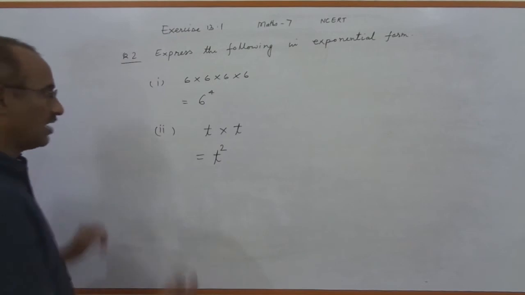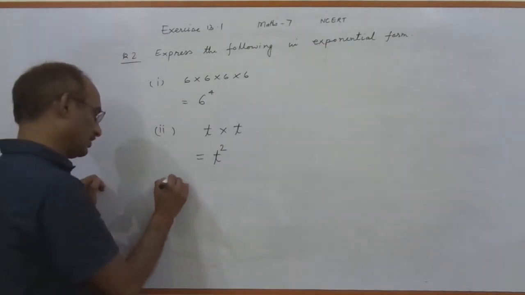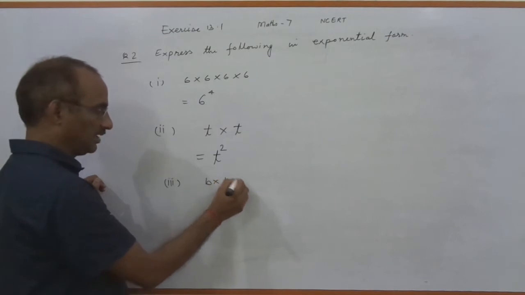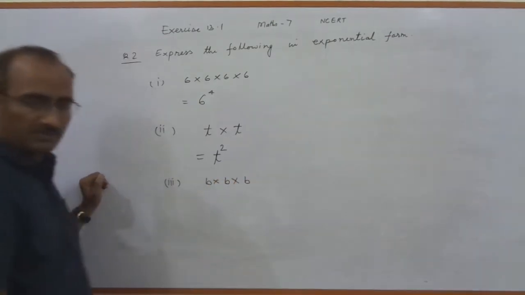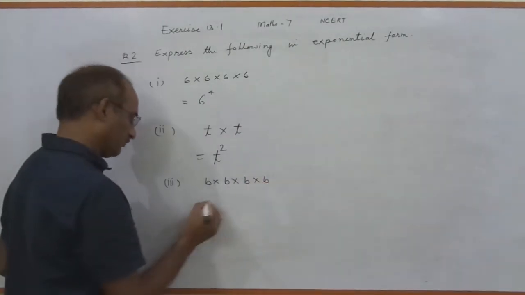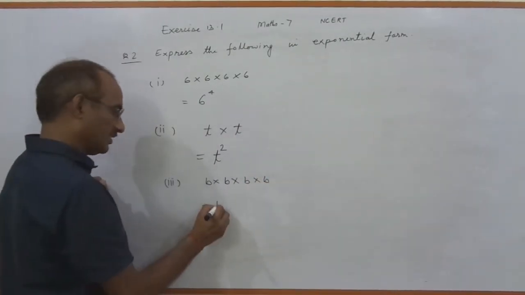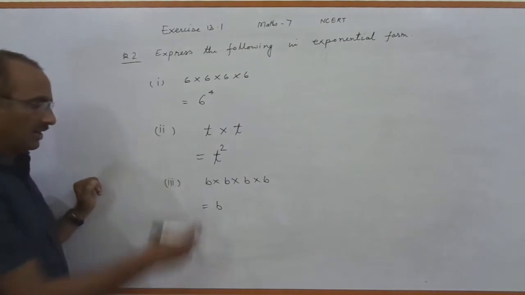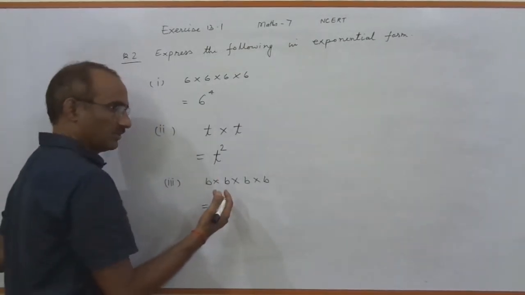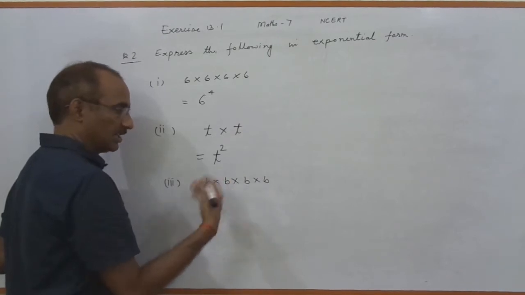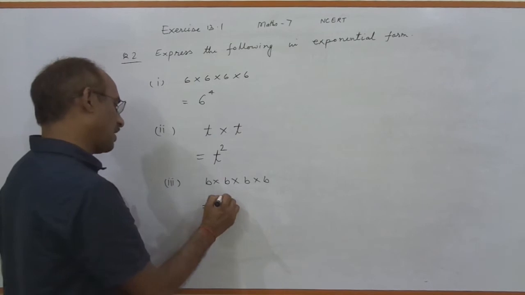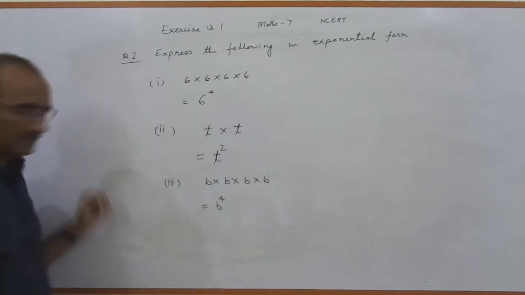Now the third question is b multiplied with b multiplied with b multiplied with b. Here the base is b and b is multiplied 4 times. So b raised to the power of 4.